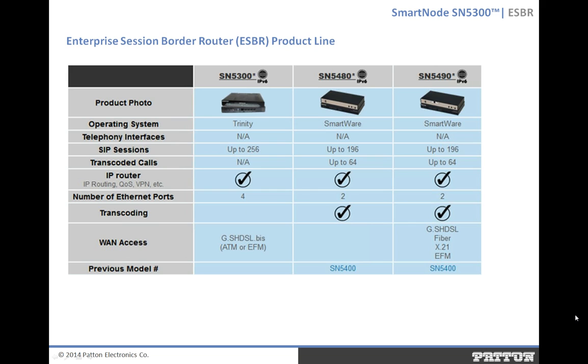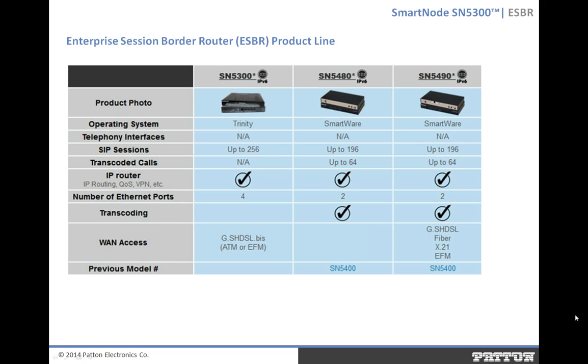You can also see that transcoding isn't possible on that device, so in order to do transcoding, you'll have to refer to the existing models, the 5480 and the 5490. But on the 5300 we have 4 Ethernet ports and also WAN access in terms of G.SHDSL connectivity.